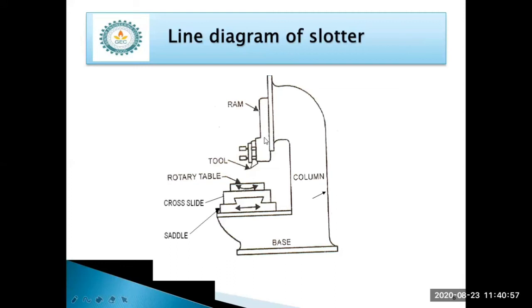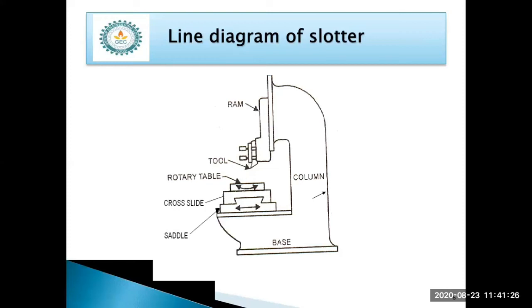And next one is the ram. The ram reciprocates vertically in the guideways provided in front of the column, and it supports the tool head. It carries the tool, and the metal is cut during the downward stroke, and in the return stroke or upward stroke, it relieves the tool so that no scratches are formed on the finished surfaces.